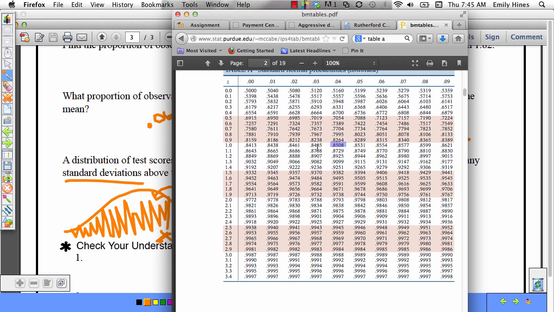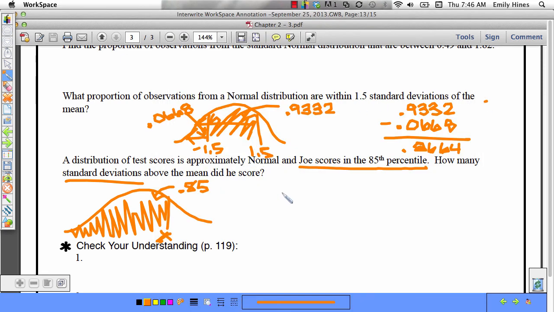So then I scroll over here and I find my z-score for this. 1.0, and then I look up here and see that the hundredths digit is a 4. So that means that his z-score was 1.04, and he scored that many standard deviations above the mean.